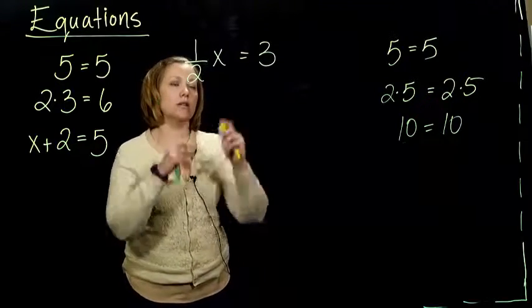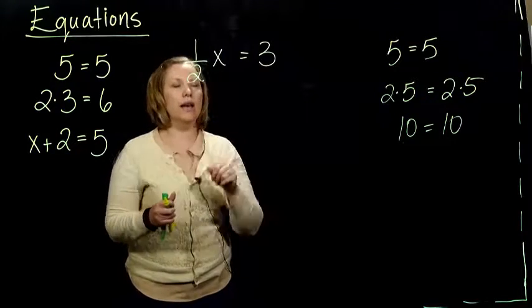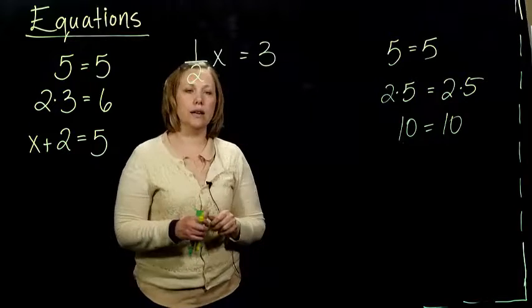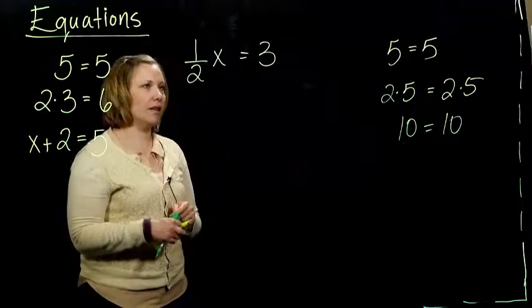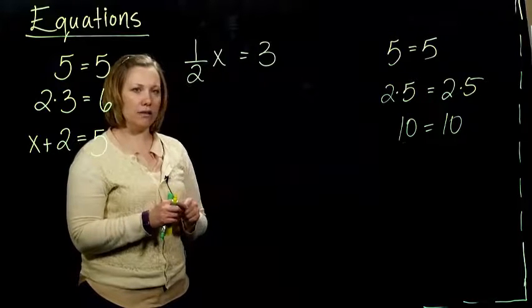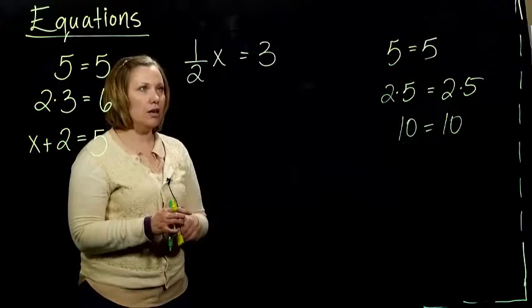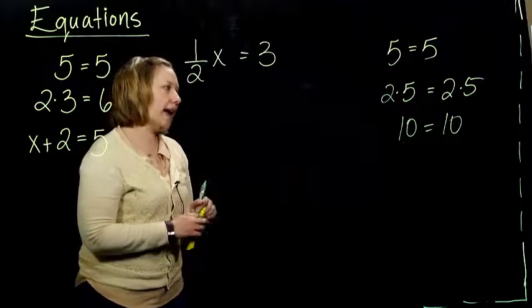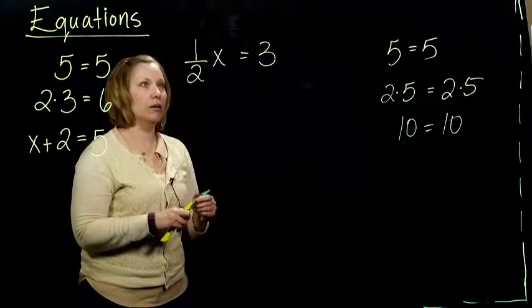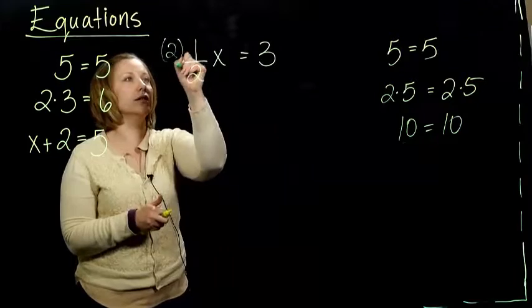So if we wanted to solve something like 1/2 x equals 3, well, I've got this 1/2 over here, right? If I could just have it be 1x, right, I would have the answer. So what can I multiply 1/2 by to get me to 1? I'm thinking 2 is a good number to pick.